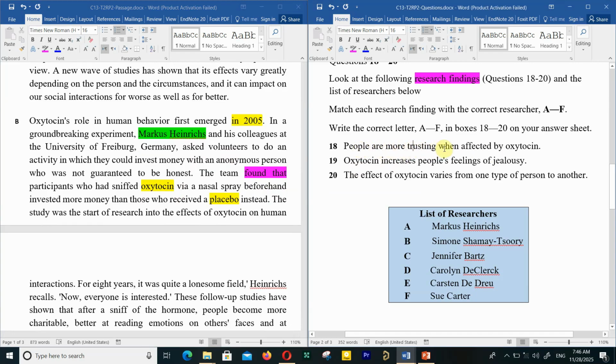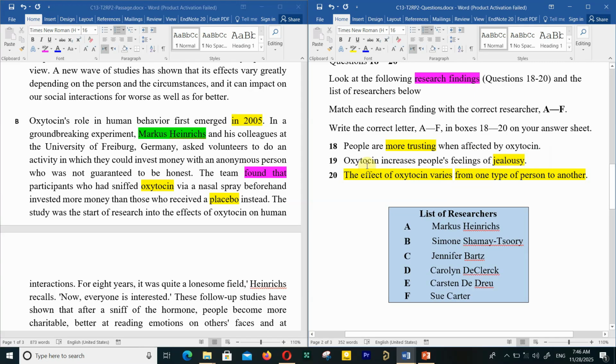People are more trusting when affected by oxytocin. Oxytocin increases people's feelings of jealousy. The effect of oxytocin varies from one type of person to another. All of this is important.